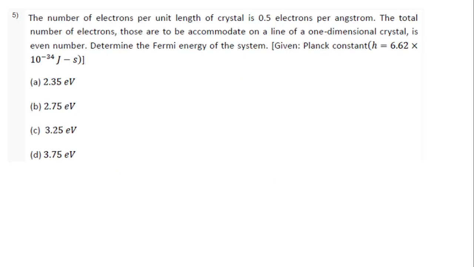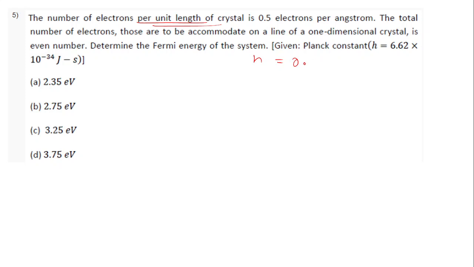Okay. Next question is the number of electrons per unit length of a crystal. So here we are talking about 1D. This is again like a number density, but instead of electrons per unit volume, it will be electrons per unit length.